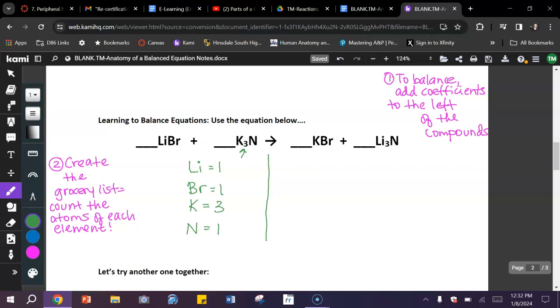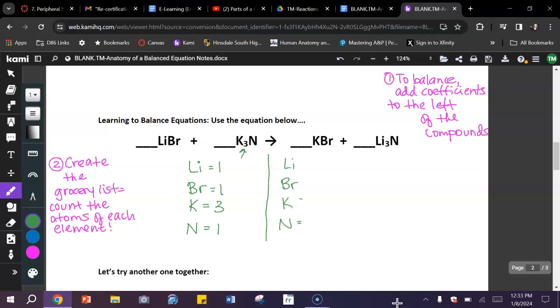Now, I'm going to move over to the product side, but one thing that I want to stress here is that even though potassium is the first element that I see on the product side, that's not going to be the first one that I'm going to write. I'm going to keep the same order on my product side as I have on my reactant side, because then it's just really easy to compare left to right.